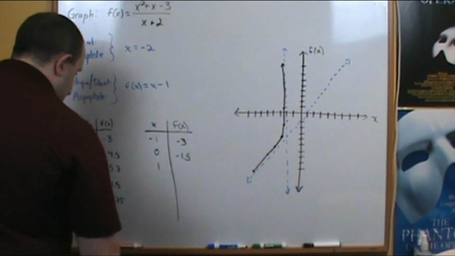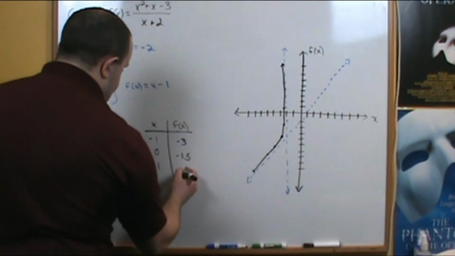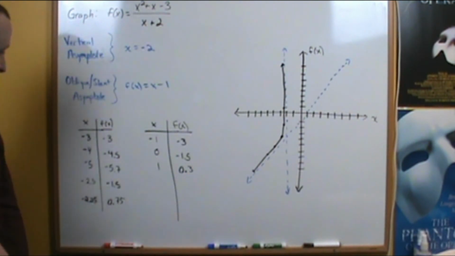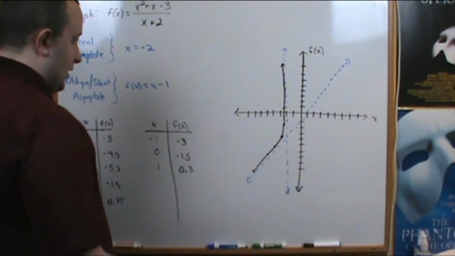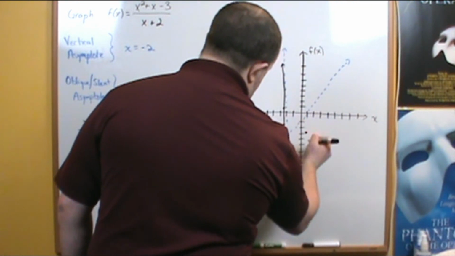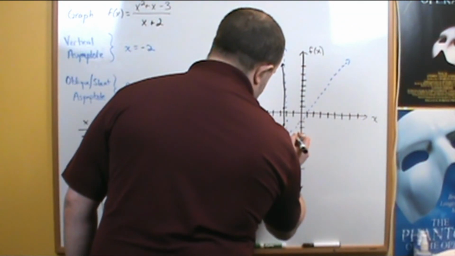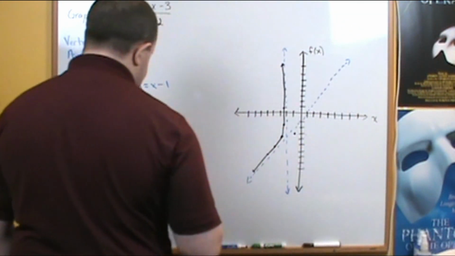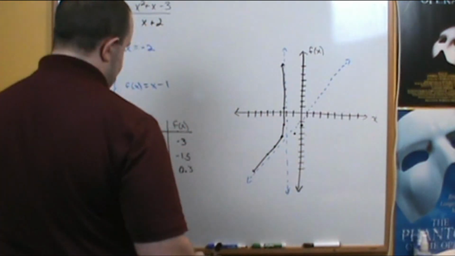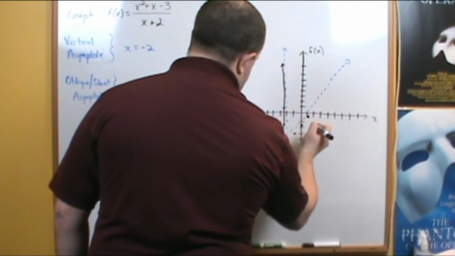And when x is 1, our f of x value is 0.3 repeating, or 1/3. So let's graph those 3 points. -1, -3 is right here. 0, -1.5 is here. 1, 0.3 is right there.